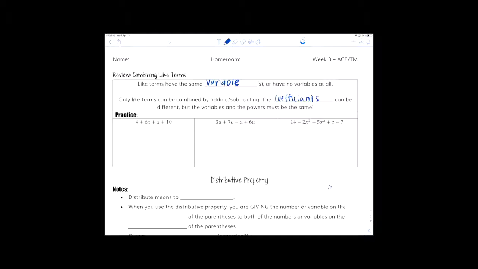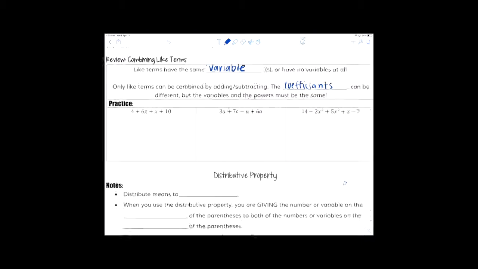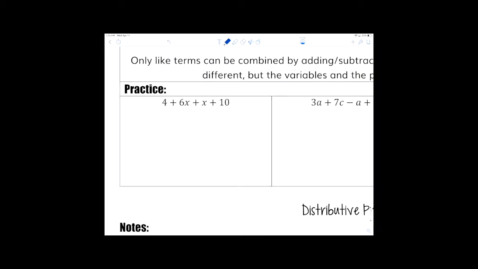So we're going to do a little bit of practice here before we get into the new stuff. Okay? For this problem here, I have 4 plus 6x plus x plus 10. I have to combine my like terms. Okay? Can I combine the 4 with anything else? The 10. So I can do 4 and 10, and that gives me what? 14.